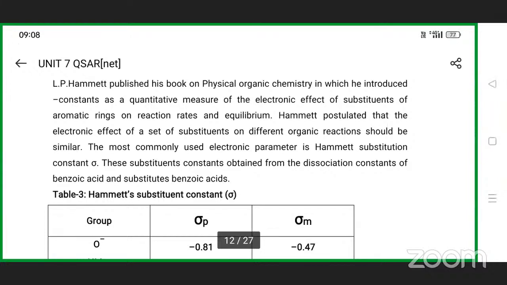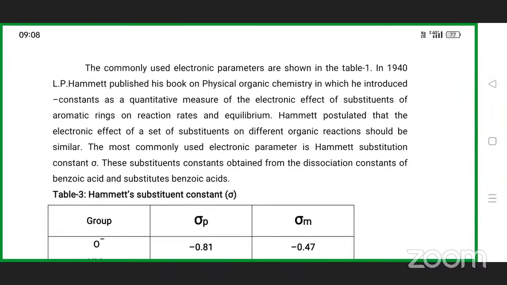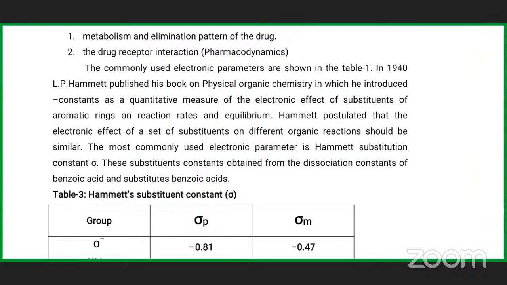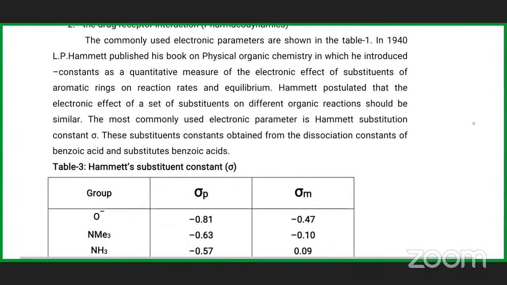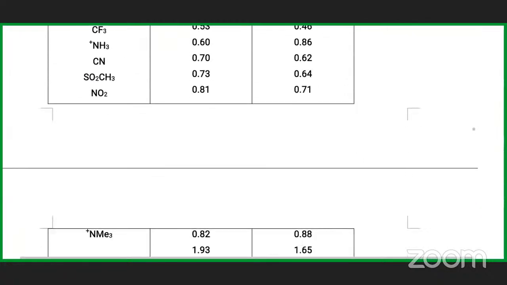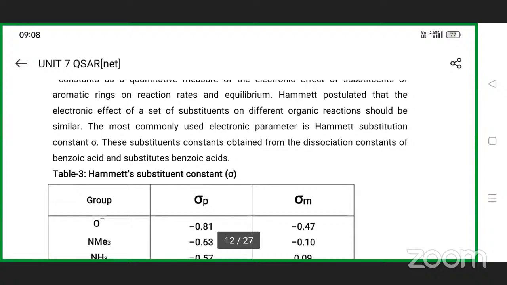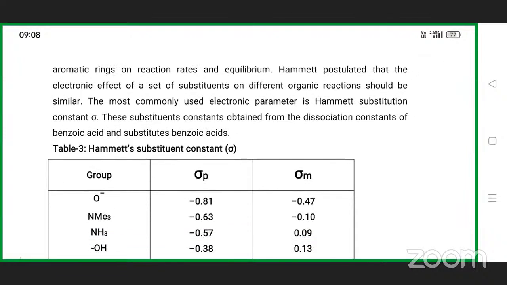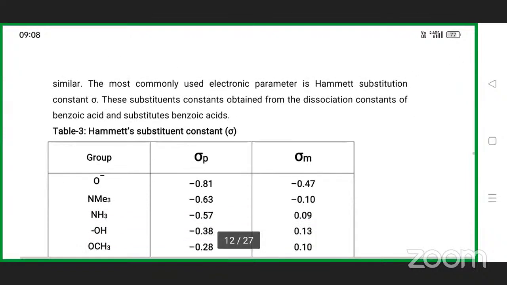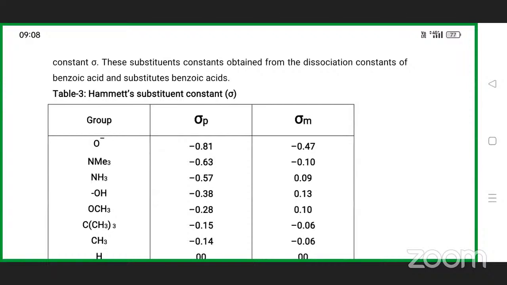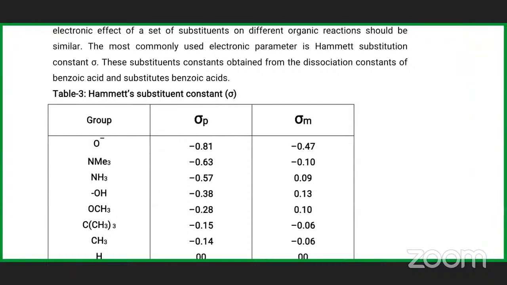And the impact of these electronic groups is explained by the Hammett equation here. The Hammett substituent constant is sigma. Here you can see the values of the various groups under these electronic factors, for the para substituent and the meta substituent.